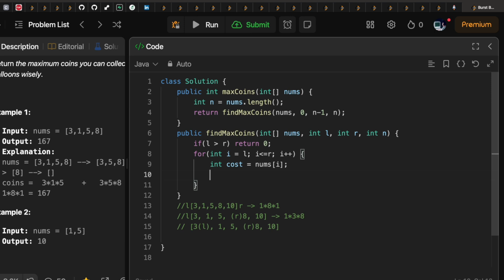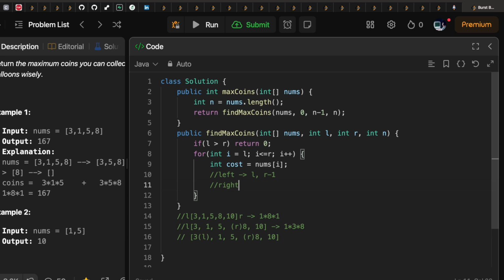That means we have two bounds. The left bound will be L to i minus 1, and the right bound will be i plus 1 to R.